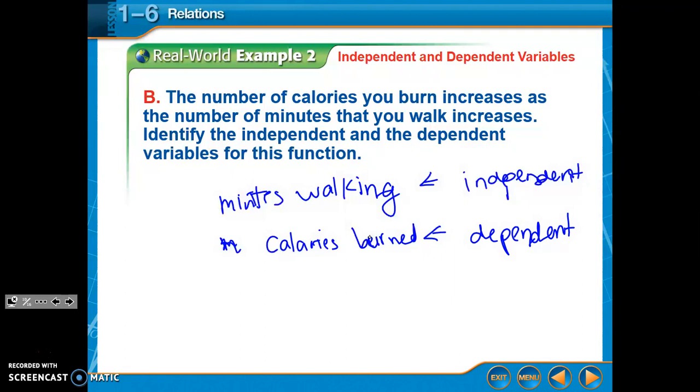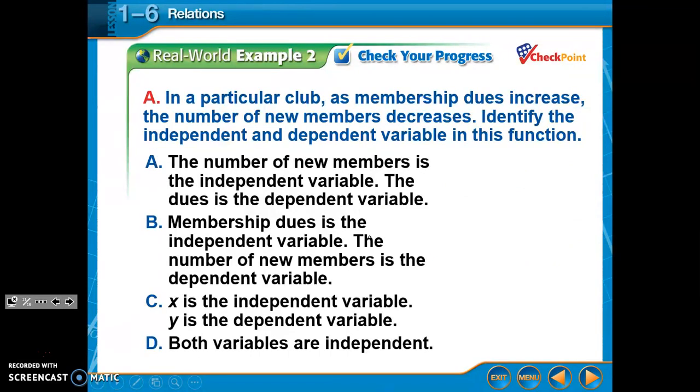The number of calories you burn depends on how many minutes you walk, so calories is the dependent variable because it depends on something else. Okay, you guys try this one.